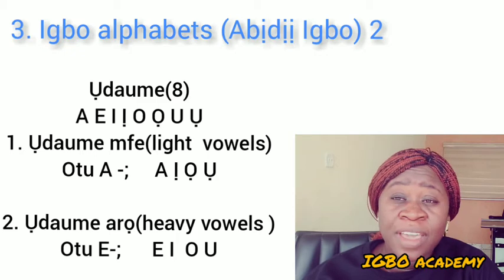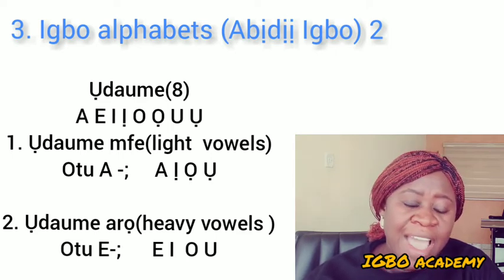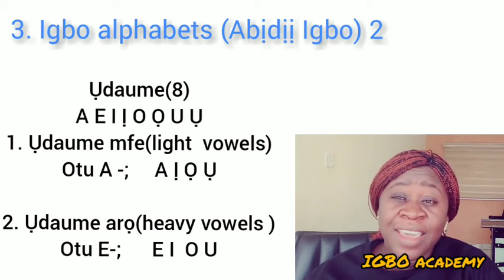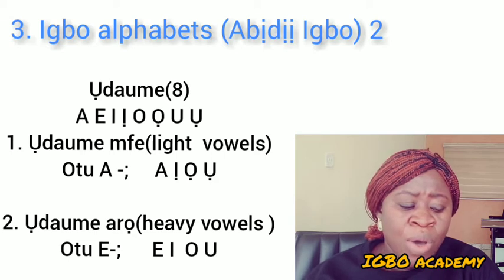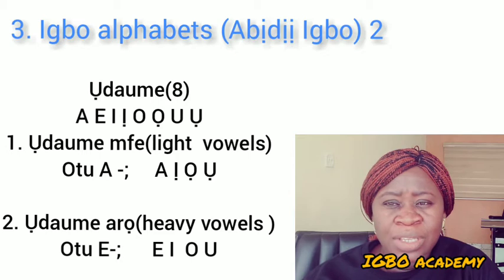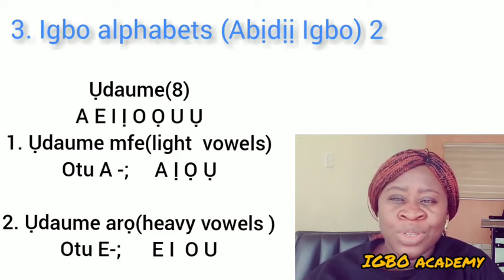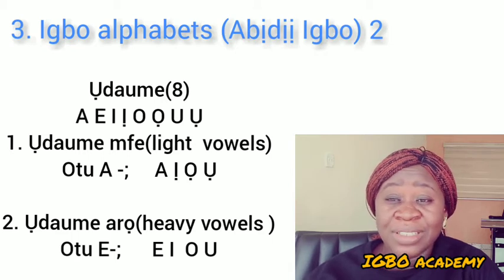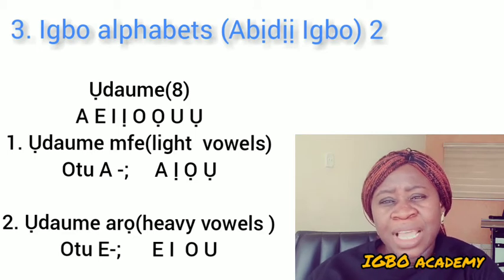So the udamfe are called ndiotu a, or the a group, and they are a, e, the I with the dot under, the O with the dot under, and O. As you can see, your mouth is light. The tone coming out of the mouth is light. That's why they are called light vowels.